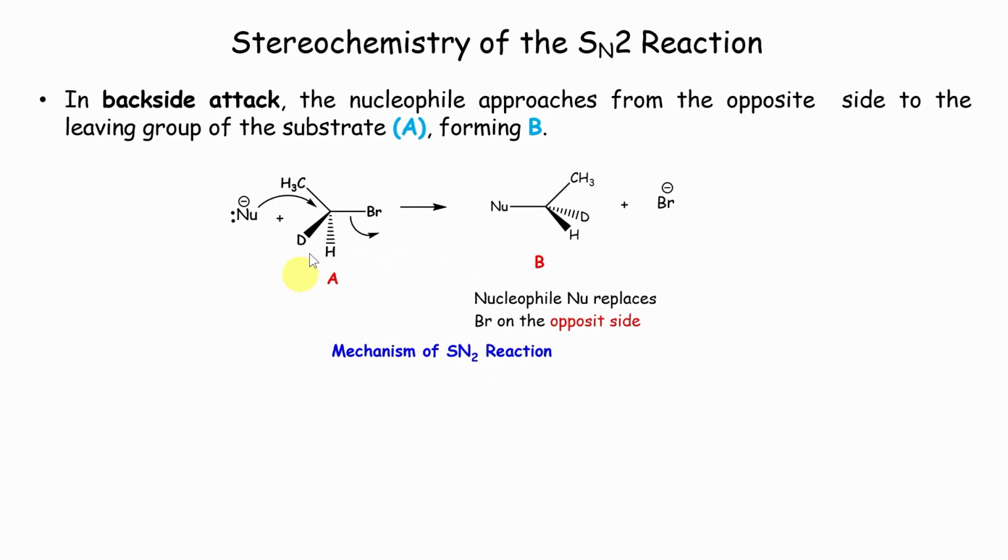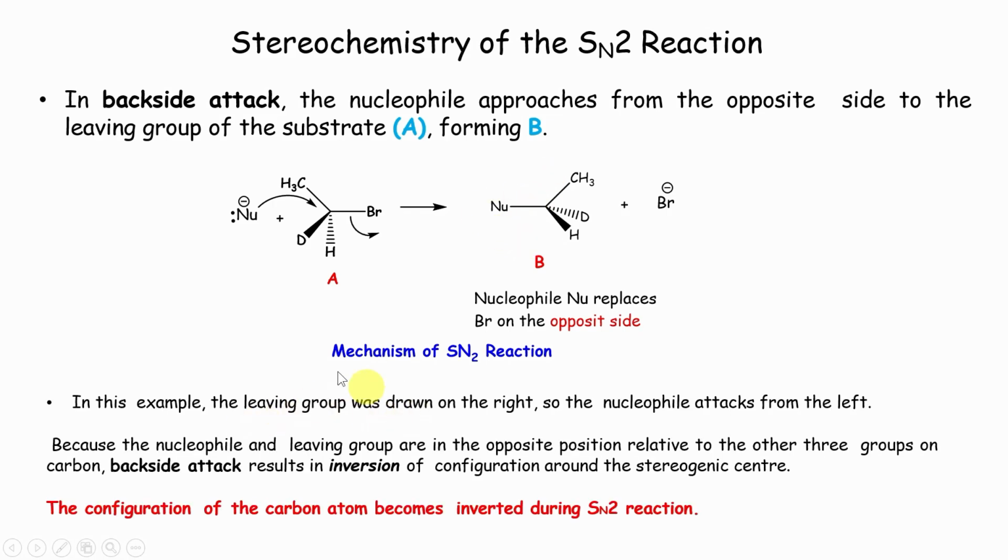See, it is the mechanism of SN2 reaction. In a backside attack, the nucleophile approaches from the opposite side to the leaving group. Here it is bromide of the substrate A, forming this product B. Here the nucleophile attacks the electron deficient, electrophilic carbon atom from the opposite side of the leaving group, forming this product.